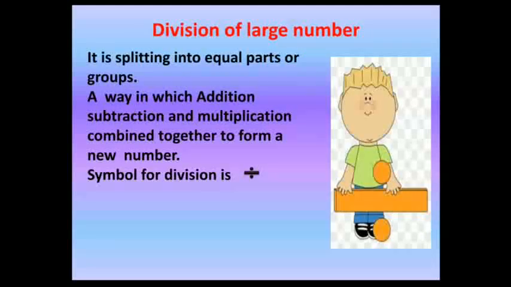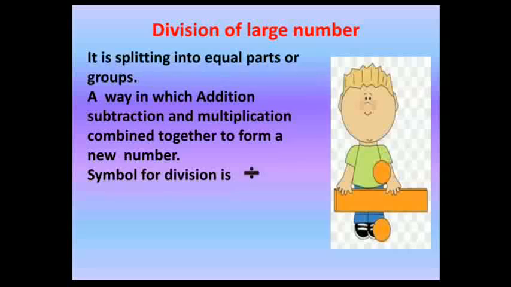So the last topic is division of large numbers. Here it is splitting into equal parts or groups. Division means splitting into equal parts or groups, and it is a way in which addition, subtraction and multiplication combine together to form a new number, and this is the symbol of division.